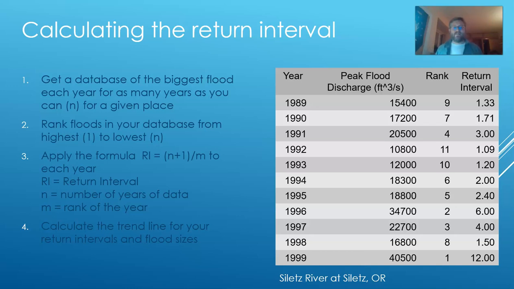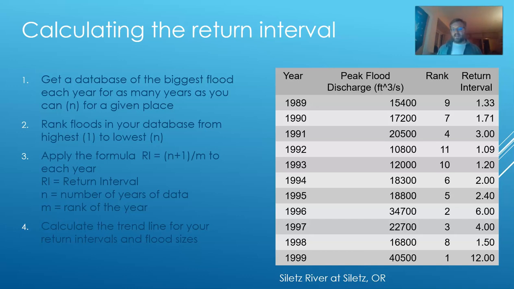And then you divide by m, which is the rank of each year. You run this formula for each year. So for 1989, we're taking 12 divided by 9 because that was the 9th ranked year, and that gives us 1.33. So that's a 1 1/3 year flood. And then 1990 is ranked 7, so 12 divided by 7 gives you 1.71, etc.